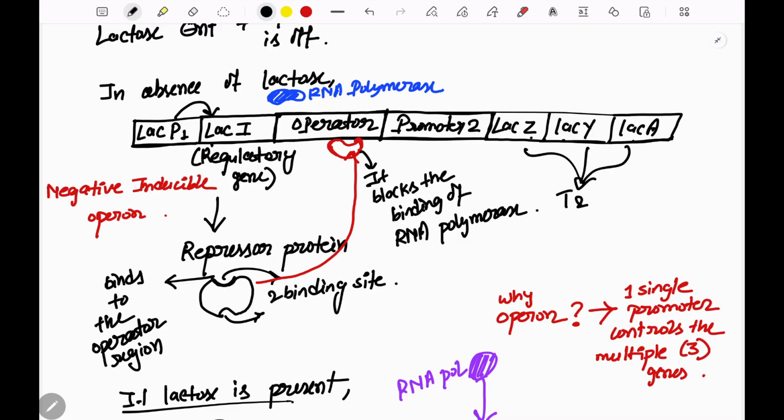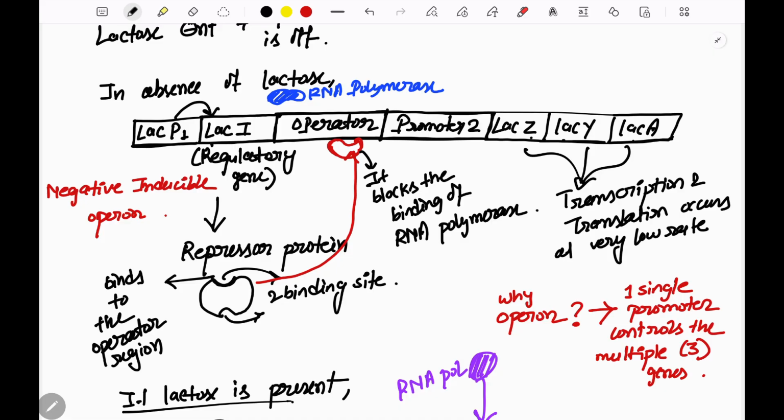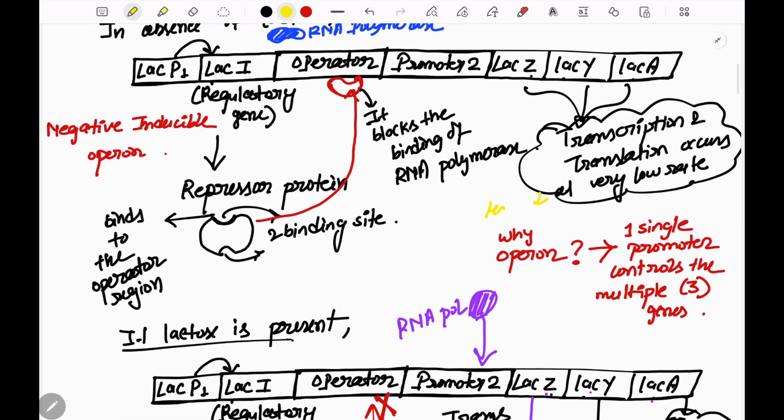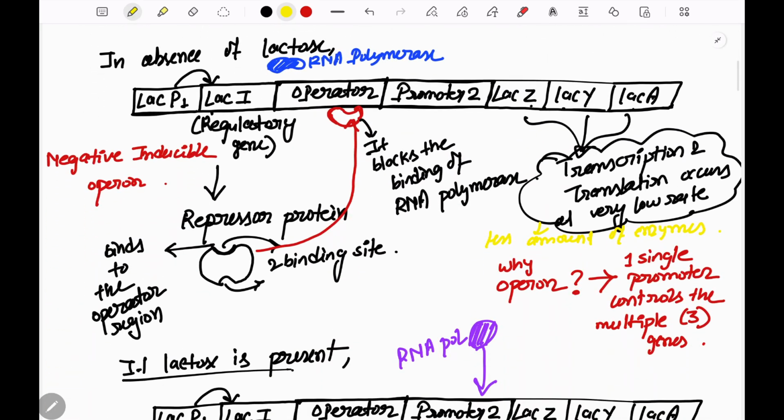Transcription and translation occur at a very low rate, and all the enzymes are produced at a very small amount. So this is basically the basic Lac Operon.